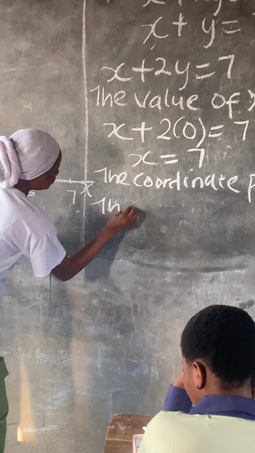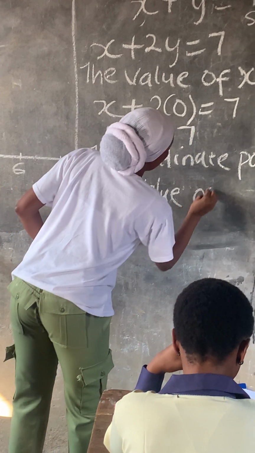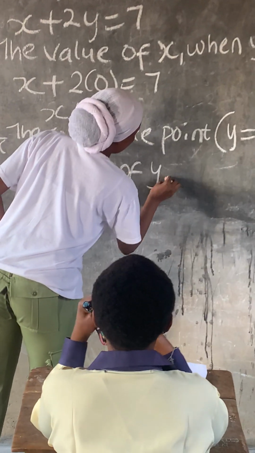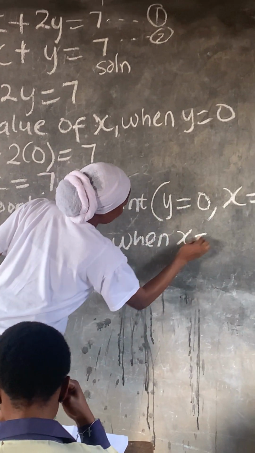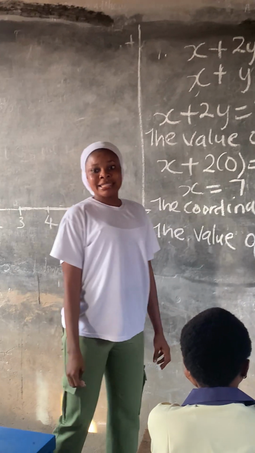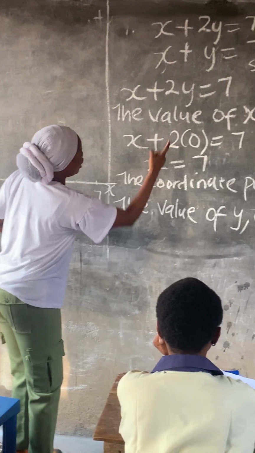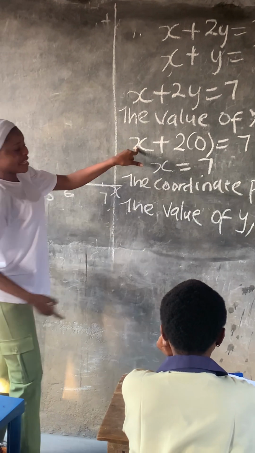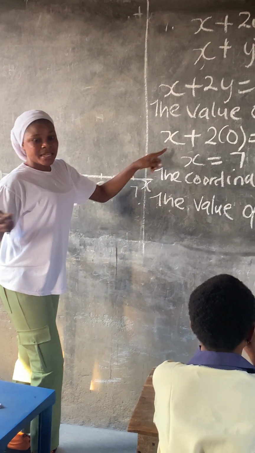The value of y when x is also equal to 0. That means anywhere you see x, you put 0. Okay? So now x will be substituted for 0.